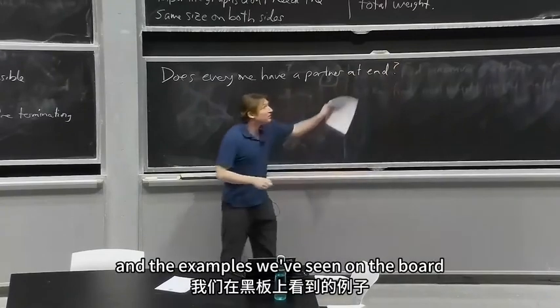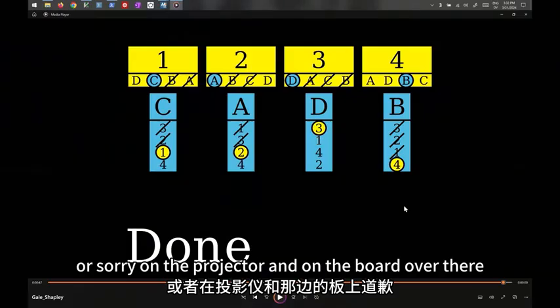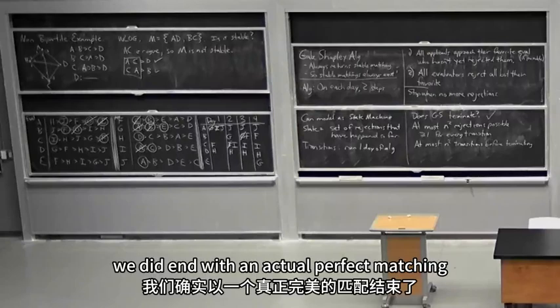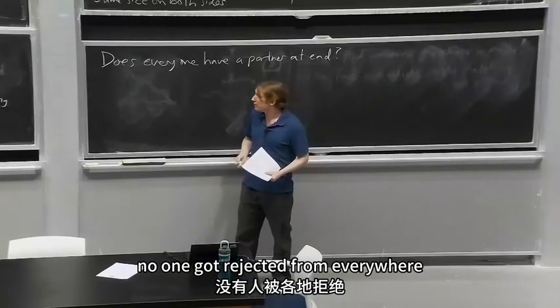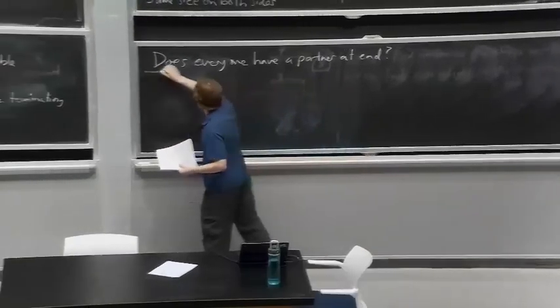In the examples we've seen on the board, on the projector and on the board over there, we did end with an actual perfect matching. No one got rejected from everywhere. So is that true in general?